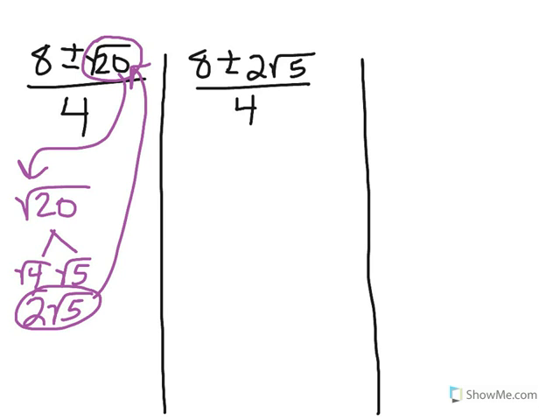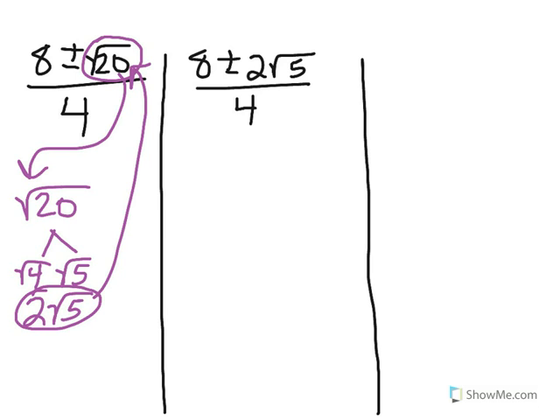It means I have 2 different numbers represented here, and it's the lazy mathematician's way of writing 2 different answers at the same time without having to rewrite them, because they're very close to each other. So it's 8 plus this decimal divided by 4 and 8 minus that decimal divided by 4. One way to do this is to split this up into 2 fractions and deal with them separately.